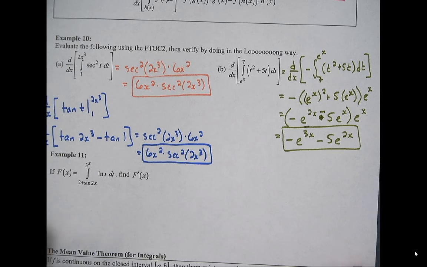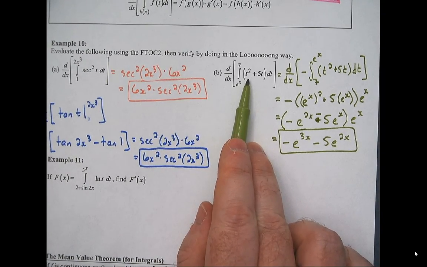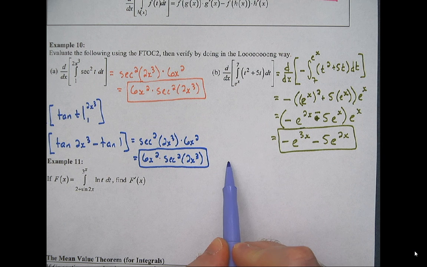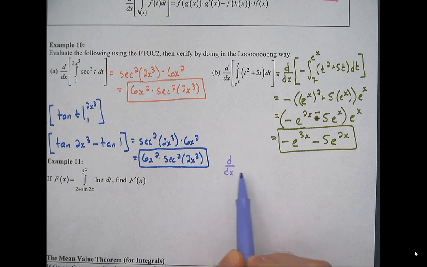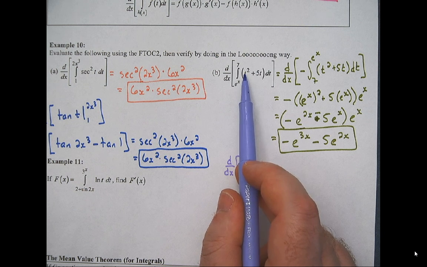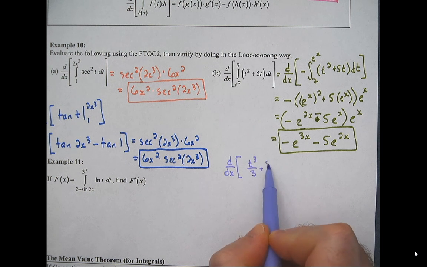And then let's do it the long way. Okay, so that would mean I'd integrate this. I'm going to leave it as is this time. Let's see what happens when we don't clean it up beforehand. Let's see how messy it gets. Okay, so I'm doing the derivative of the integral of t squared plus 5t, which is t cubed over 3 plus 5t squared over 2.